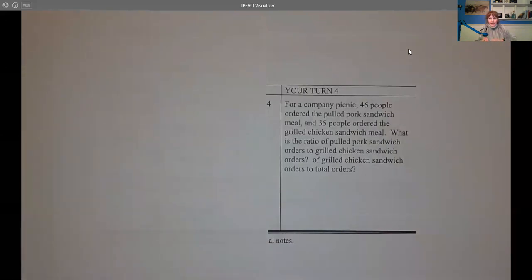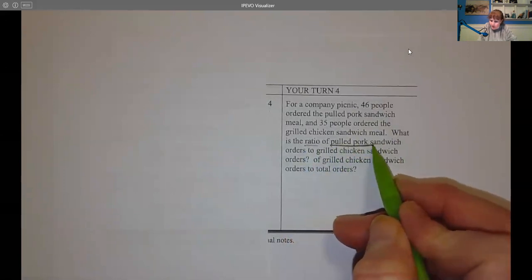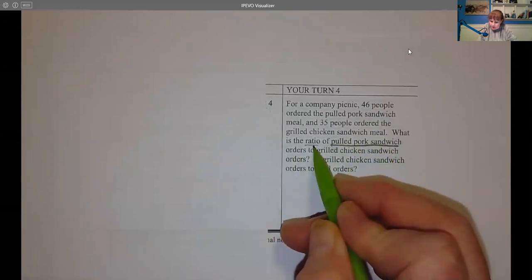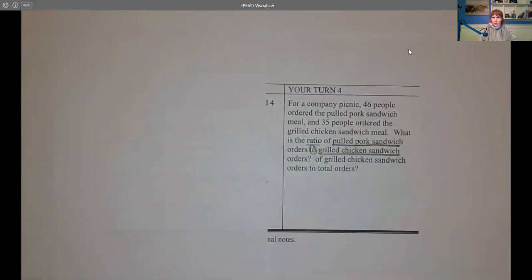For a company picnic, 46 people ordered the pulled pork sandwich meal. 35 people ordered the grilled chicken sandwich meal. What is the ratio, fraction, of pulled pork sandwiches to the grilled chicken sandwiches ordered?